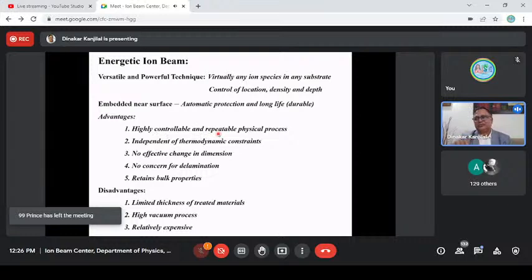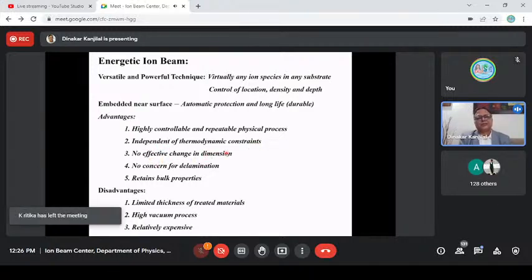It actually goes where you want it to go. And it can be raster scanned, and you can use a type of shadow mask to define the locations. Initially in micrometers, now in a few tens of nanometers, one can place the ion properly.